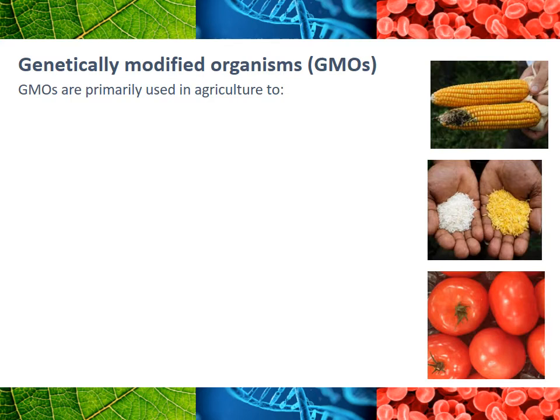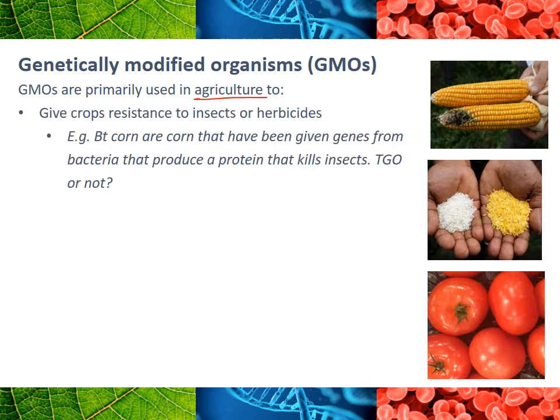So GMOs are primarily used within agriculture, and there are a few main benefits or uses of them. One thing that GMOs can be used for is to modify organisms to give crops resistance to either insects or herbicides.